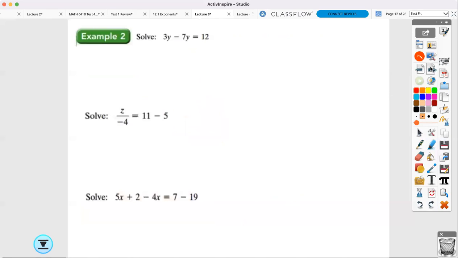Let's keep going. Here is example 2 with multiple examples. I'll give you a moment to write these down before we get into it. I'll give you about a minute to set it up.